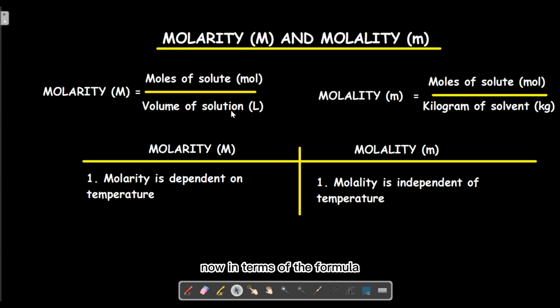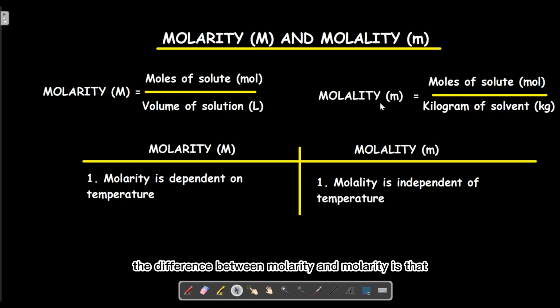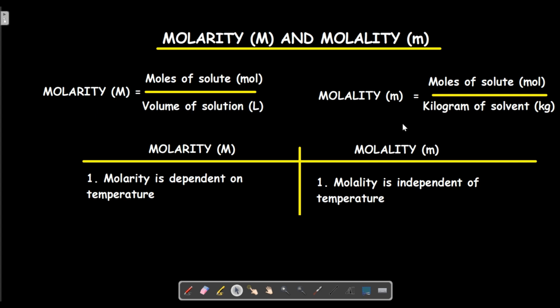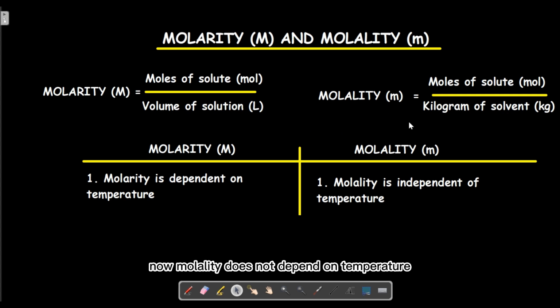Now, in terms of the formula, the difference between molarity and molality is that in molality, the solvent is expressed in kilogram, while in molarity, the solution is expressed in volume. Now, molality does not depend on temperature. It is unaffected by temperature, while molarity is affected by temperature.